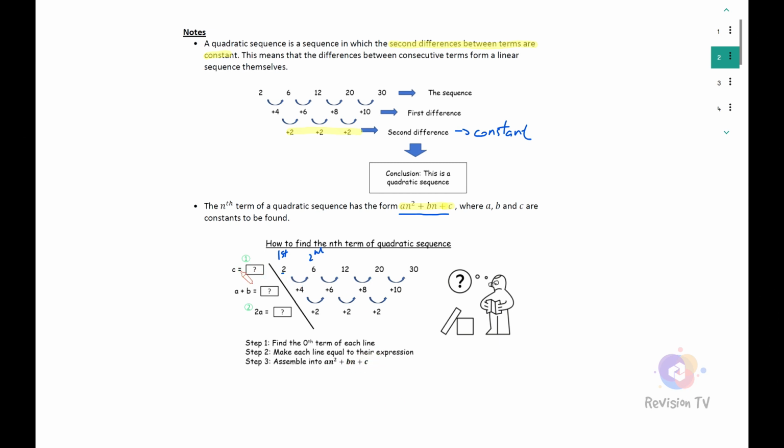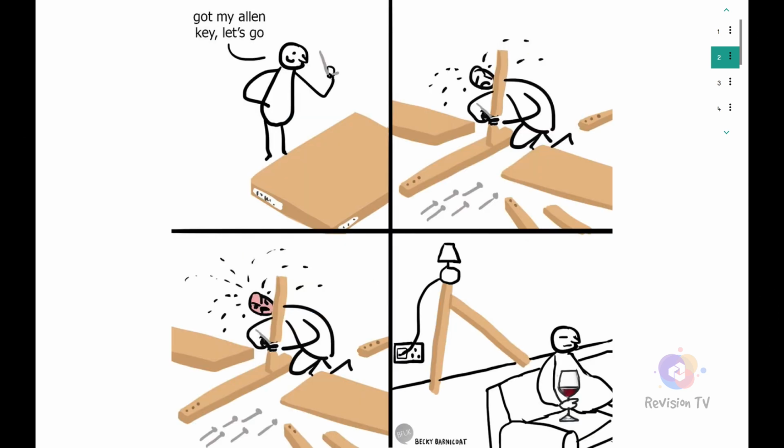You're going to make the top line equal to c, the second line equals a plus b, and the third line equals 2a. And then once you find the values of a, b, and c, you assemble into an squared plus bn plus c. Sounds simple, just like the IKEA instruction book. It looks thin, just a few steps, nothing too difficult. But when you do it, it's so much effort.